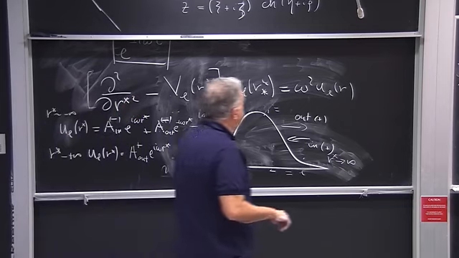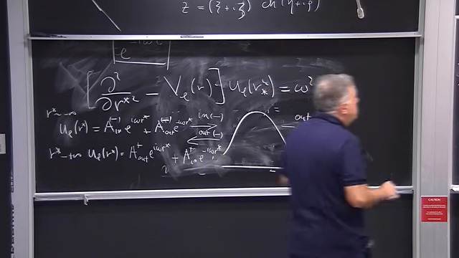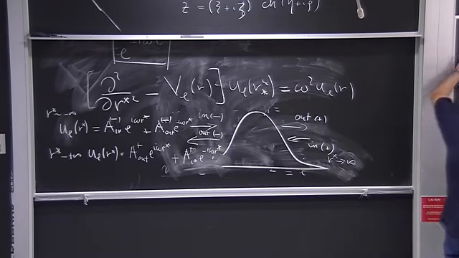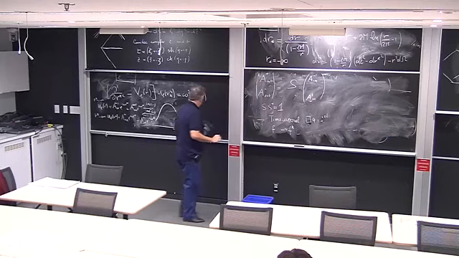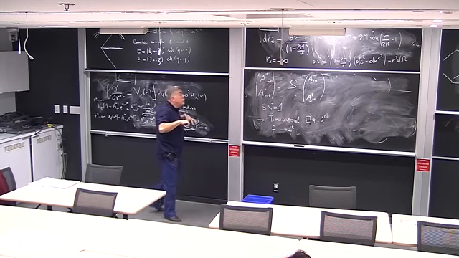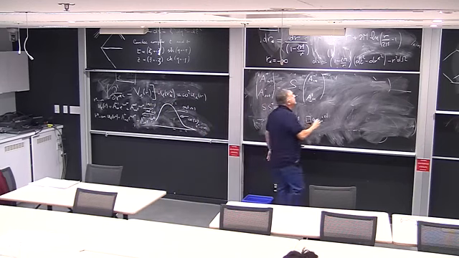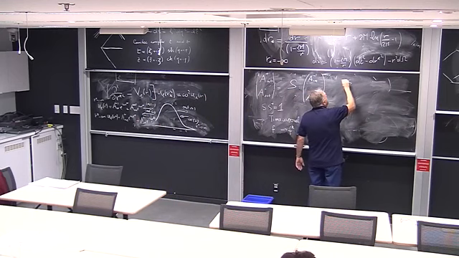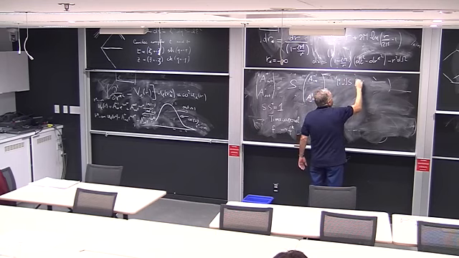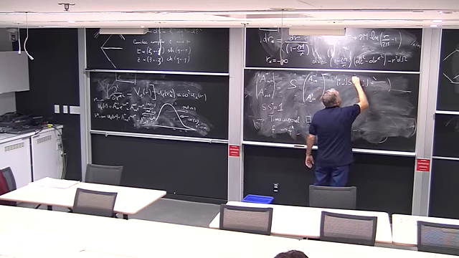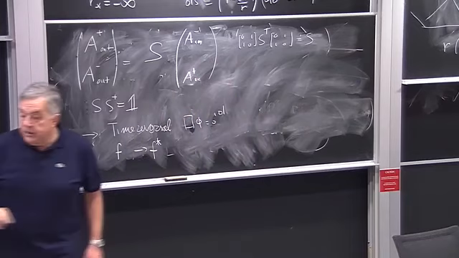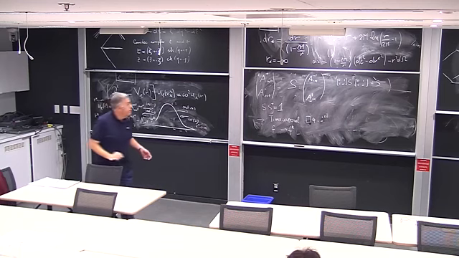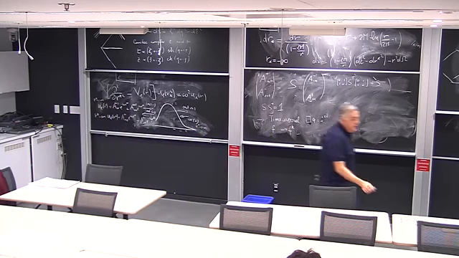So this is a little computation. If you compare this with the fact that f star is also a solution, you get a relation that tells you that S times the matrix 1, 1, 1, 1 equals S transpose S, something like this. Let me check. This is time reversal invariance.